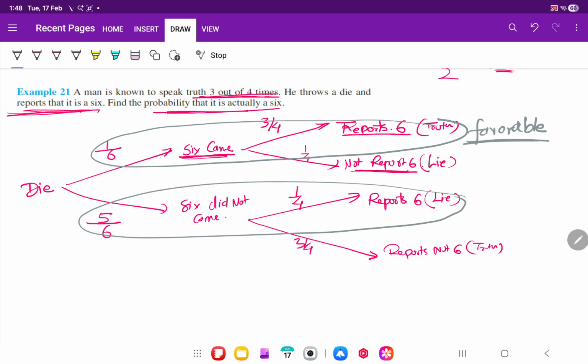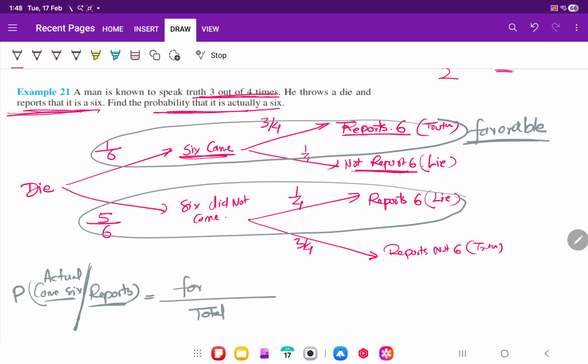So what will be the probability that actually 6 came, and the condition is he reports 6? See, he may report in both cases, but actually 6 came, the condition is he is reporting 6. So in probability we will take total in the denominator and here we will take favorable. Correct? Yes or no?